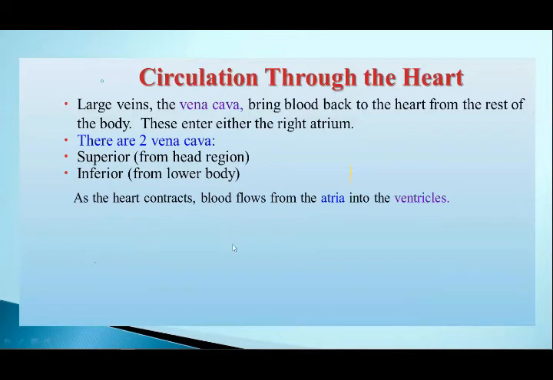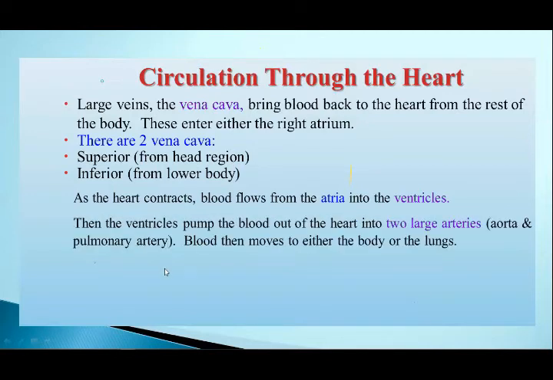After that, the ventricles pump the blood out of the heart into the two large arteries, namely the aorta and pulmonary artery. Blood then starts moving to either the body or the lungs for getting purified, right?